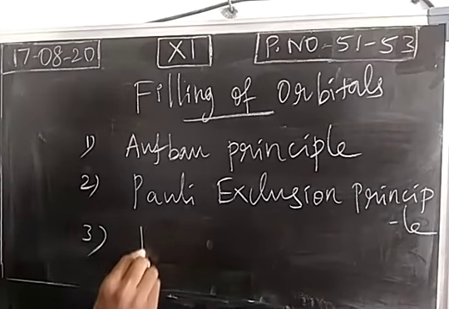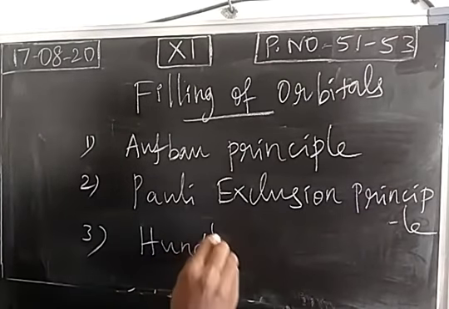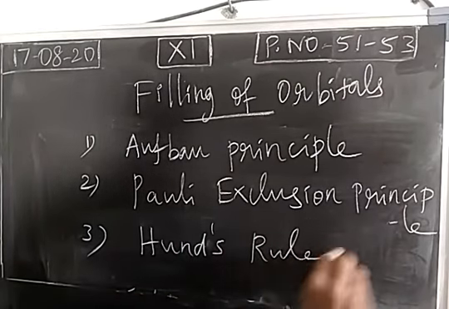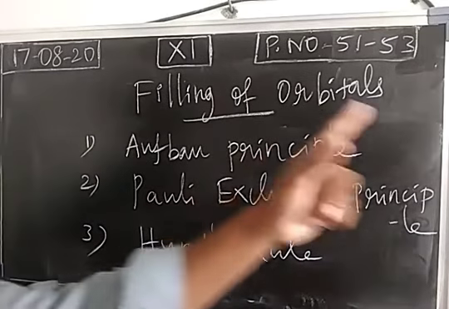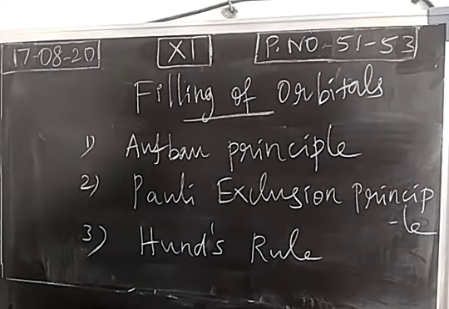Third one, Hund's rule. If we follow all these principles, we can write the correct order of arrangement of electrons in the orbitals. So these are all basics. Based on this, we have to arrange the electrons in the orbitals.